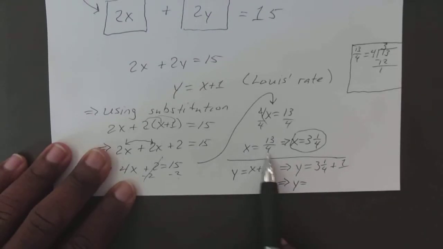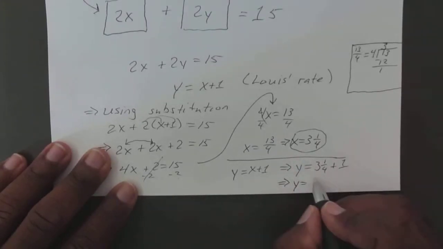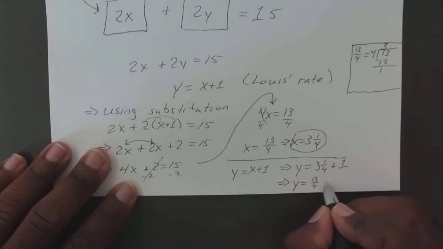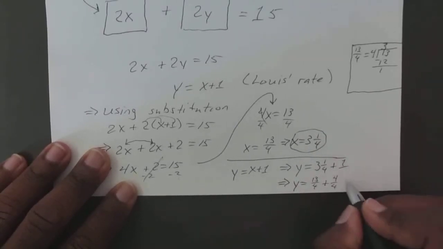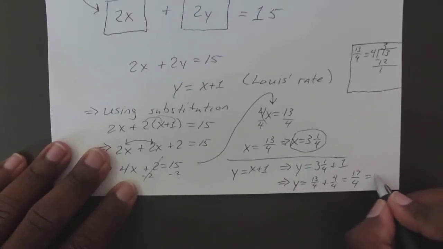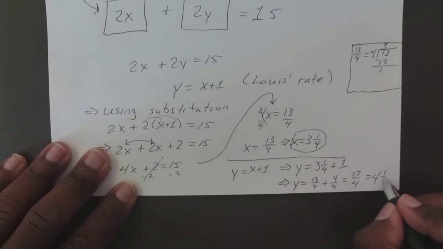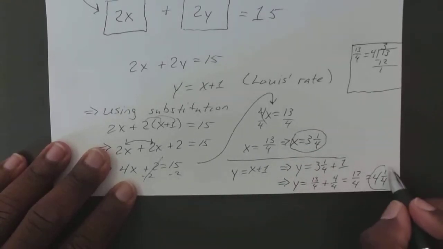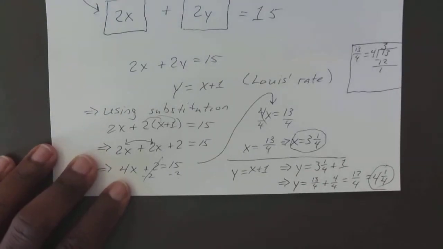It'll be easier to make this 13/4 plus 4/4. 13/4 plus 4/4, which is 17/4. And using the same division method there, it's 4 1/4. Could have done that in my head. I don't know why I worked all that out. But that's how you would work it out.